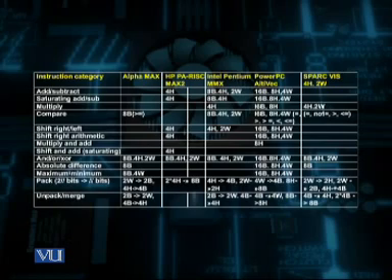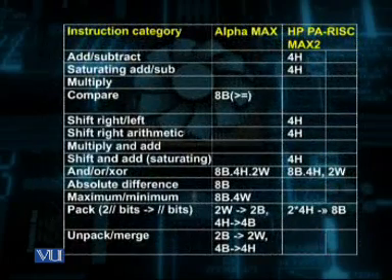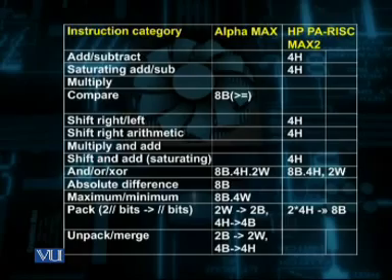Now we will be talking about digital signal processing issues. As you can see from this table, the most important digital signal processing issues are the saturating addition and subtraction, result rounding, and multiply accumulate. By saturating addition and subtraction, we mean how to handle the overflow when the result is too long.